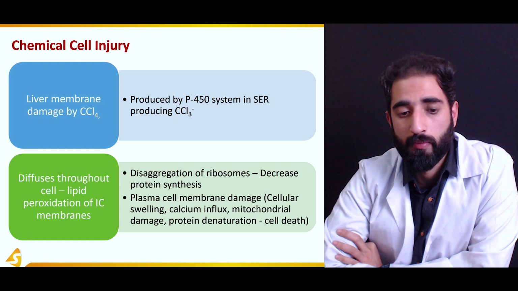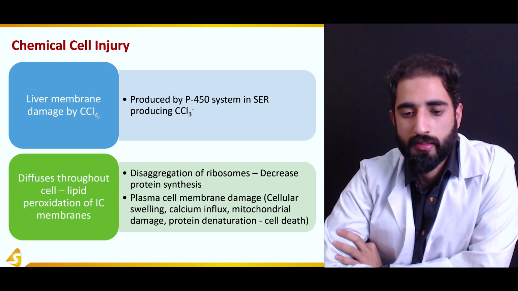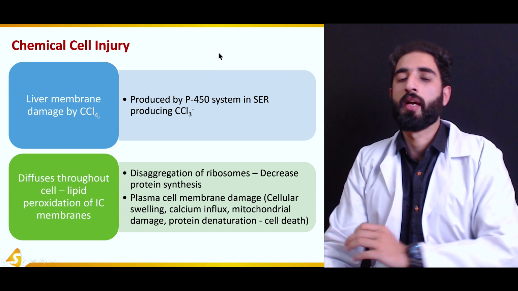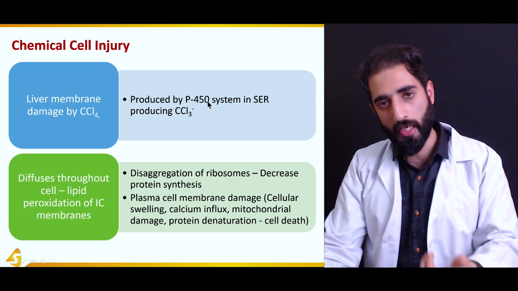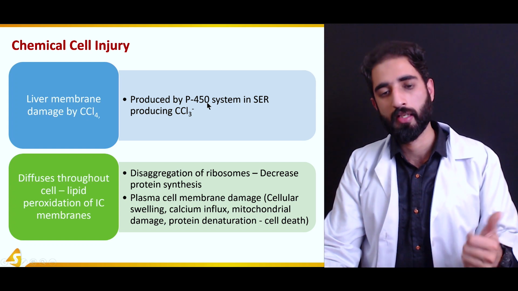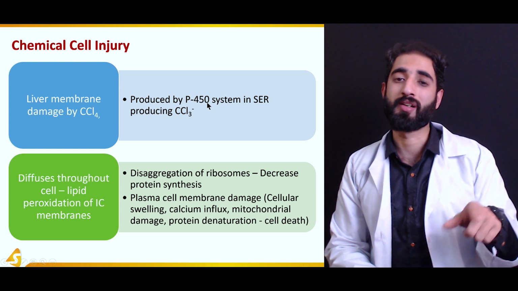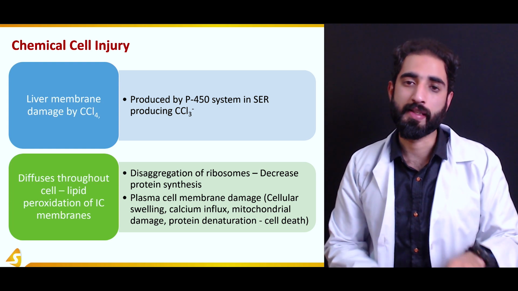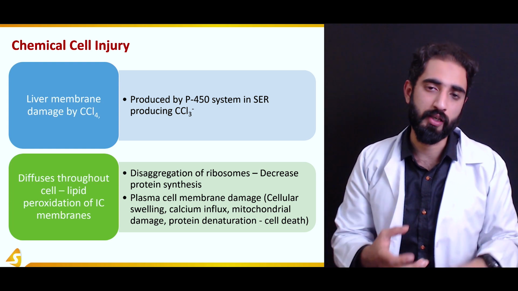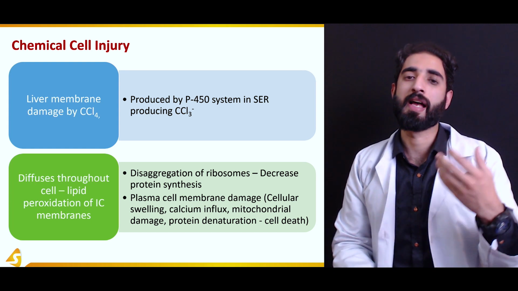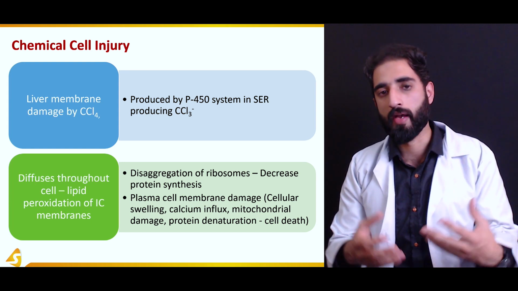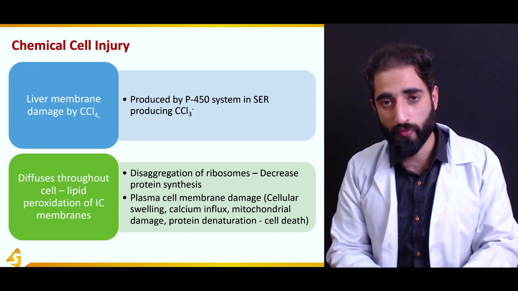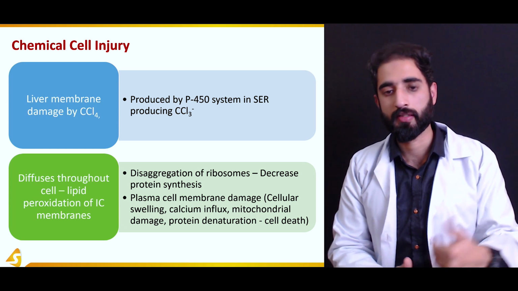Not essentially carbon tetrachloride, but what happens is that it is processed by the P450 system in the smooth endoplasmic reticulum in the liver cells, which produces carbon trichloride, and this carbon trichloride is actually a negative radical, so it has the tendency to behave as a free radical and cause cell injury.